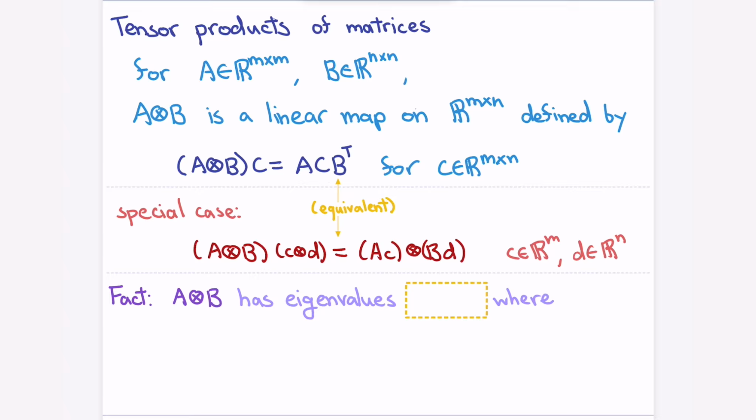Now, what are the eigenvalues of A tensor B? What could they be? The product of that. Oh, just all of them. Of A, of B, of both. What are the eigenvectors? What do eigenvectors look like?